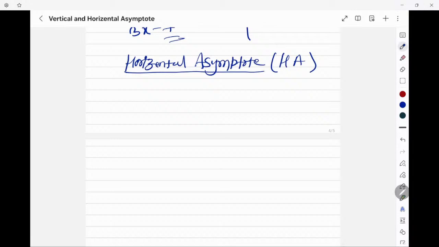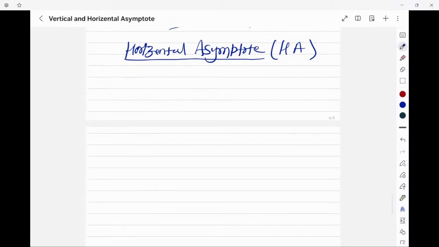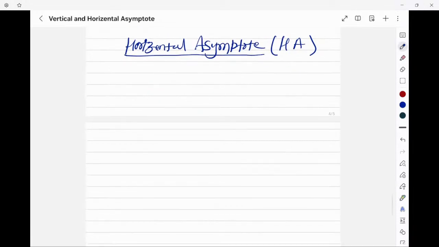So first, how can we identify whether we have a horizontal asymptote or a vertical asymptote? It is so simple. Let me define the horizontal asymptote and discuss it with you.